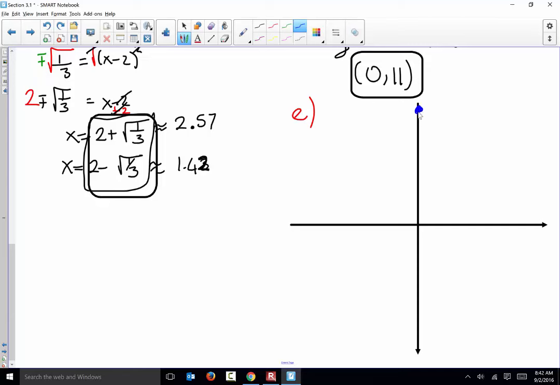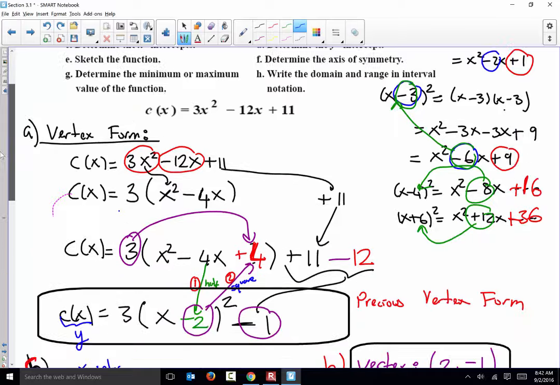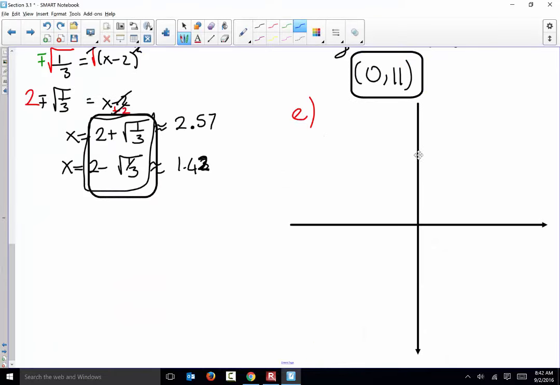I need to mark here. No. Alright, I'm going to choose a smaller scaling. I will mark here. Where are the x-intercepts? 2.57 and 1.42. These are the x-intercepts.